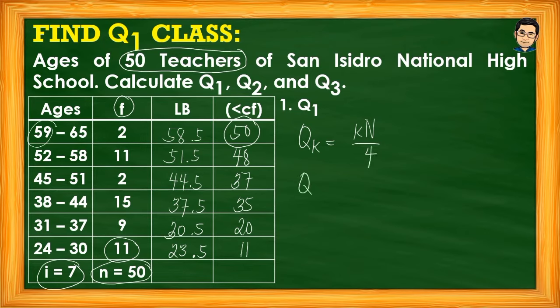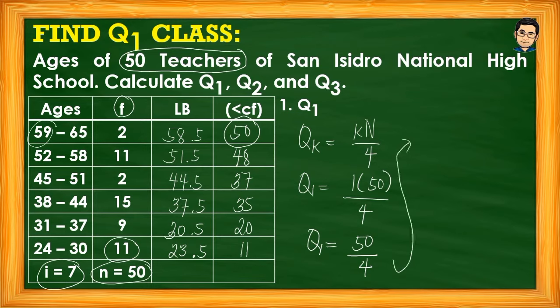So, Q sub 1 is equal to 1 times N, that is 50, over 4. So, Q sub 1 is equal to 1 times 50, 50 over 4. Next, we will divide 50 by 4. So, 50 divided by 4 will get 12.5.